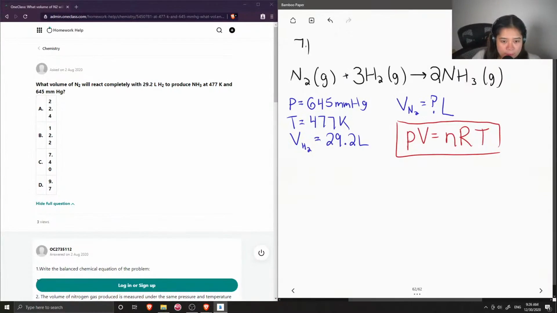Okay, so if you see that the temperature and the pressure are both constant for nitrogen and hydrogen, we can kind of combine them all with R since it is also a constant. So let's rearrange the equation. So let's say we had volume is equal to nRT over P.